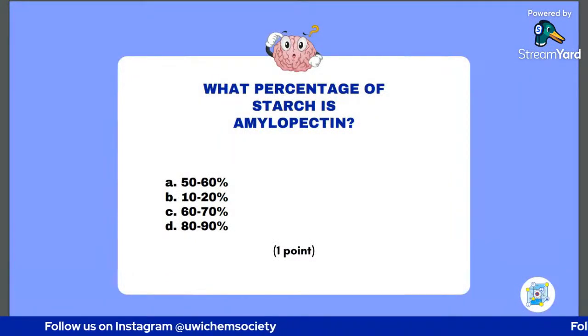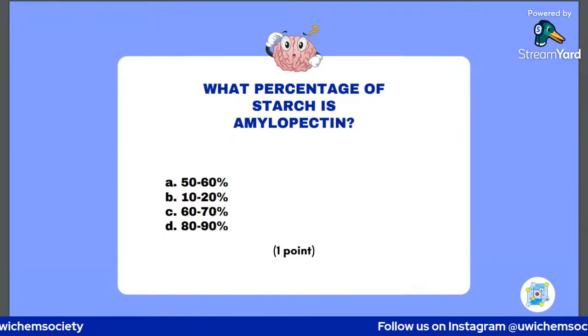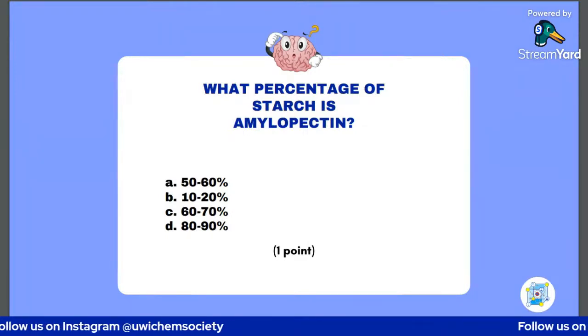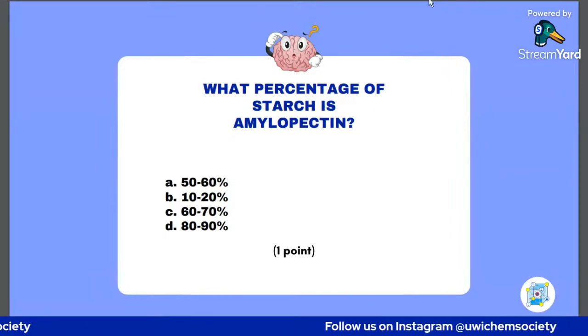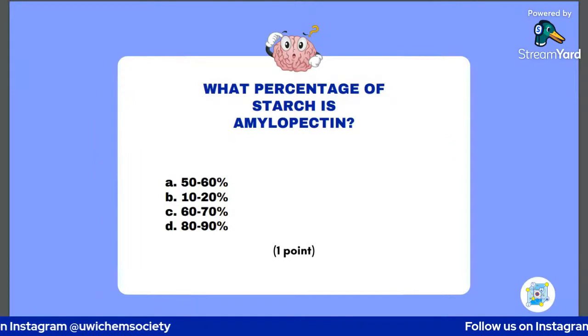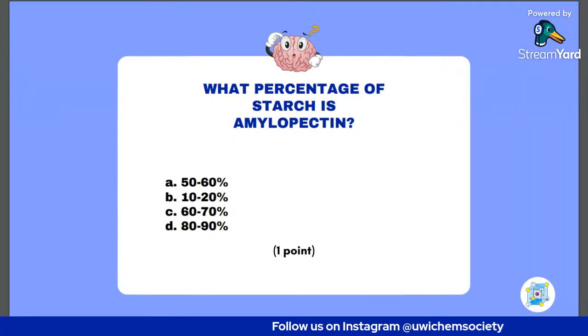All right, so our next question is, what percentage of starch is amylopectin? Is it 50 to 60%, 10 to 20, 60 to 70, or 80 to 90? Let's see the answers.